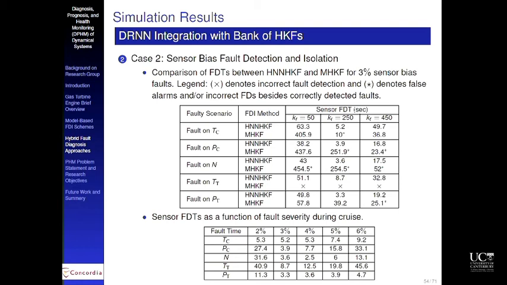This is a significant improvement in the performance between my previous method and this new method, which is the hybrid method. And the previous method, even in some cases, cannot even detect, and it can give a false detection. So overall, this method significantly improves the performance of our diagnostics solution.